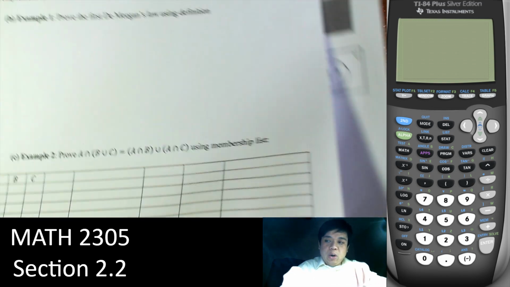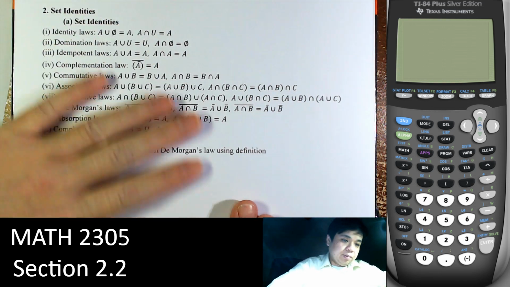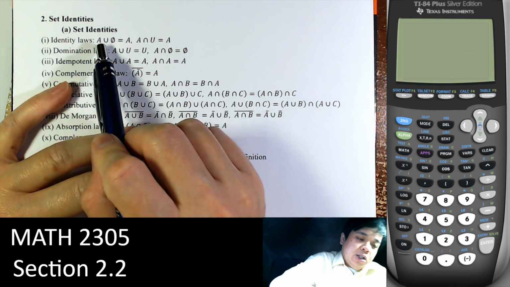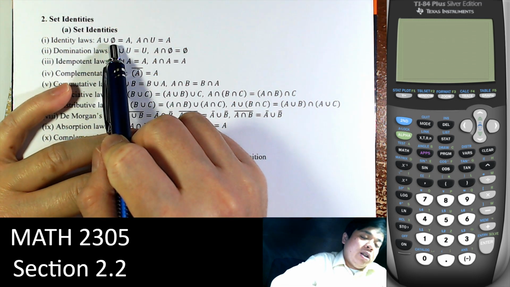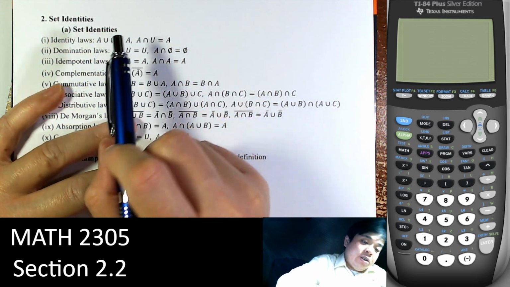Next we have a bunch of identities. The identity law: union with an empty set is itself, and intersection with the universal set is itself.